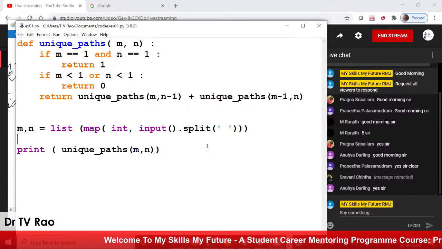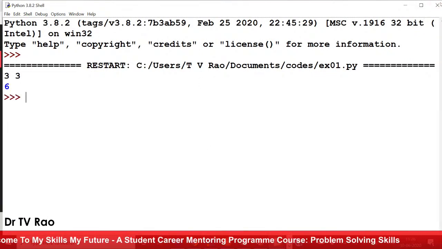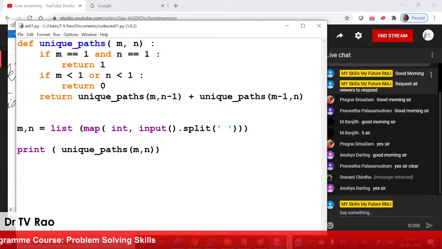How many paths are there? 6 paths are there. This is from bottom to top.